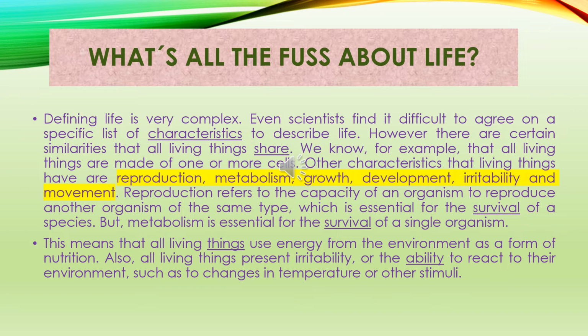This means that all living things use energy from the environment as a form of nutrition. All the environment, all the ecosystem is very important, because the living things, the humans, the animals, and the plants, we use energy from the environment. That's why it's very important that we keep a safe environment.